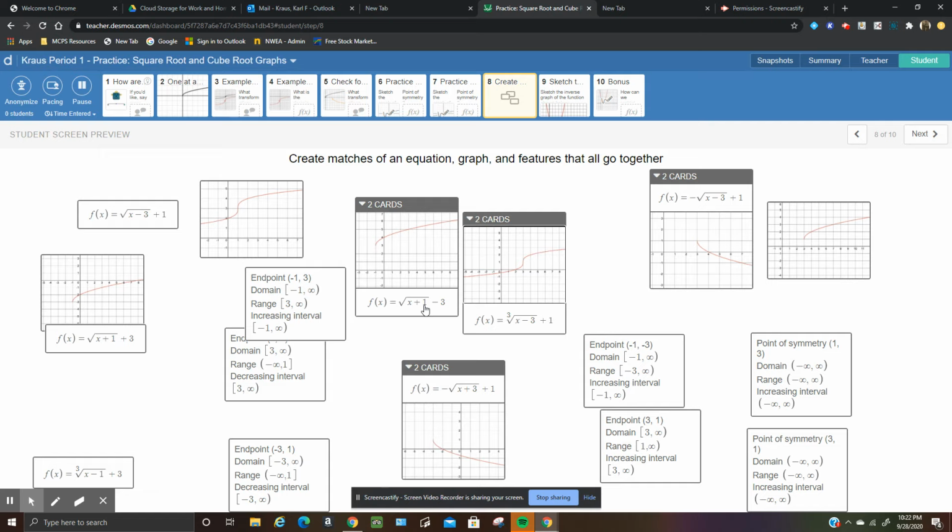This should be -1, -3. And this one is 3, 1.